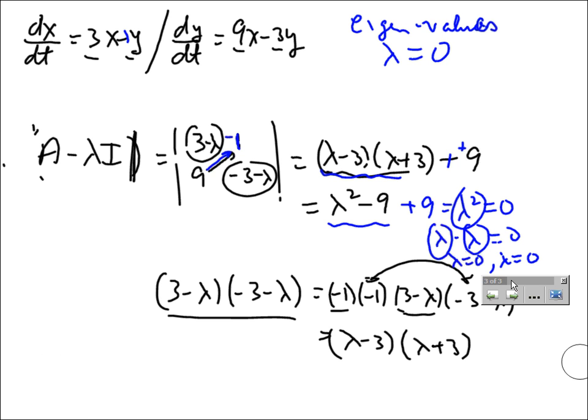You should have gotten 2, in fact, because this is a quadratic. It's the second degree. So if lambda cubed equals 0, then I would say that there's 3 roots, and they're all 0.